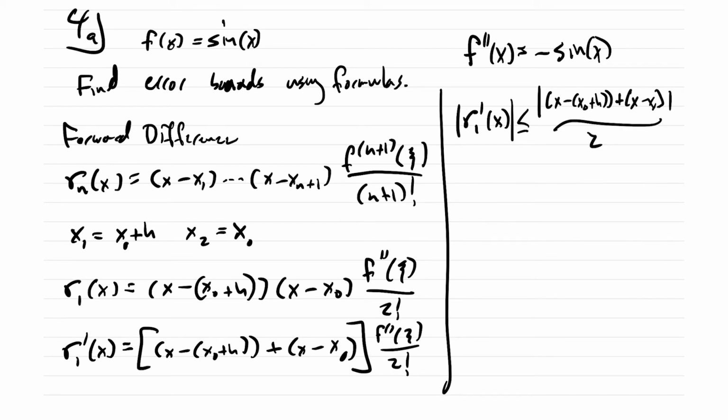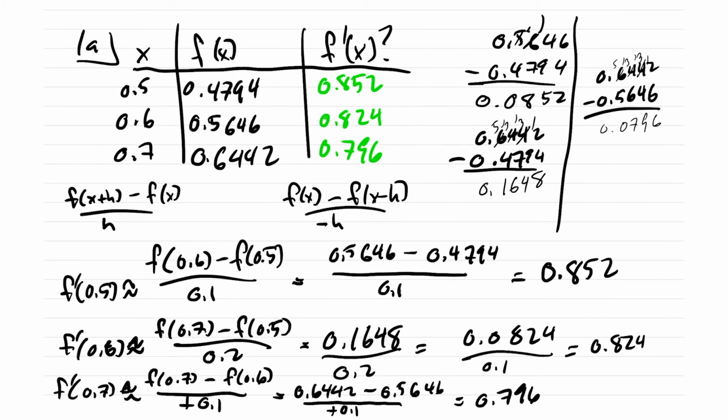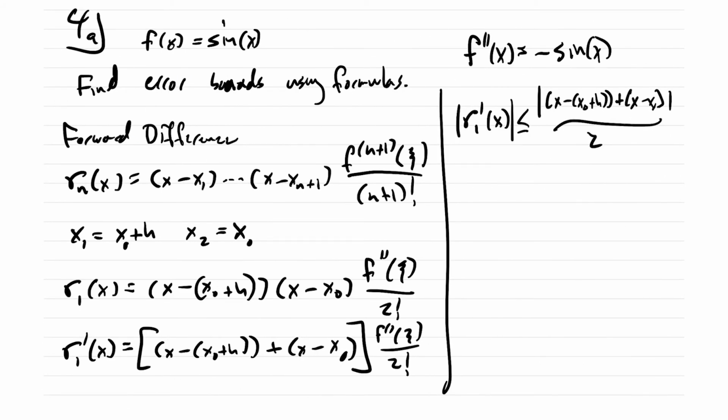Now, if we take a look at the last slide, let's say we took 0.5, so x naught is equal to 0.5, and we want R1 prime at 0.5. This is what we're trying to compute: a bound on the error for this.